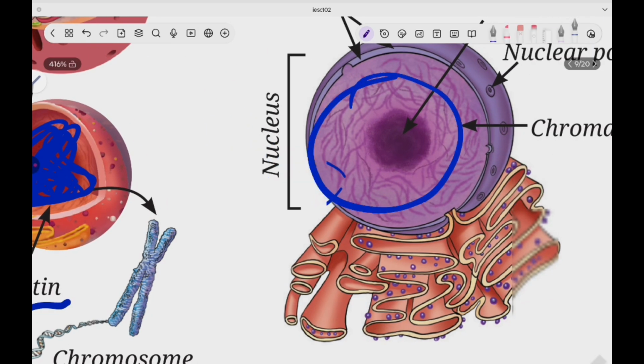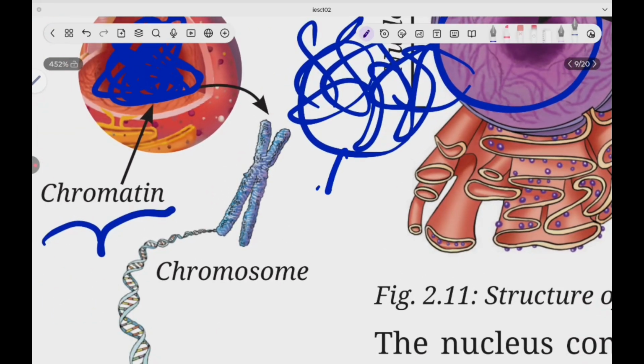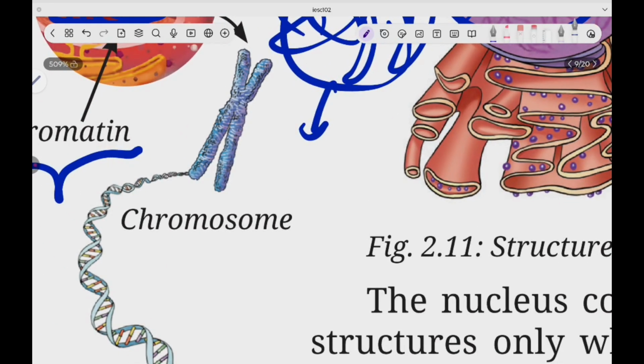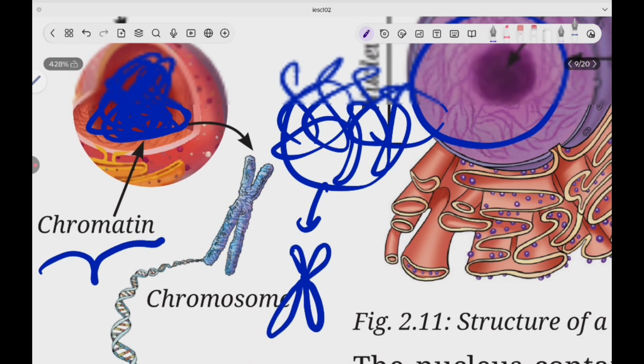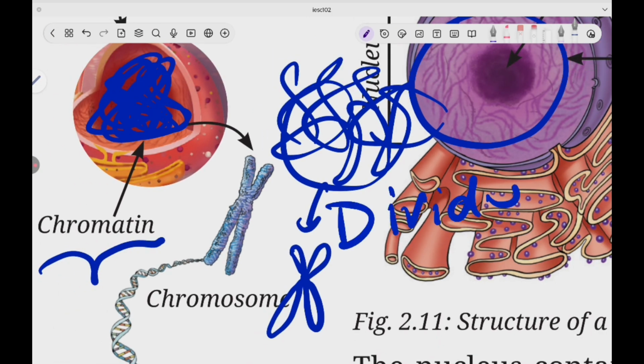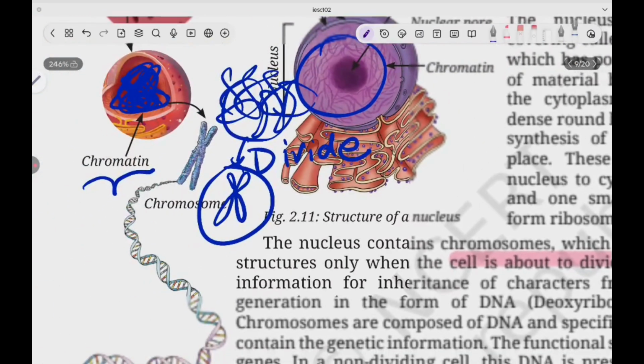When the cell is about to divide, they get condensed, they come into the form of a chromosome, or you can say they get assembled into this shape. That is chromosomes.